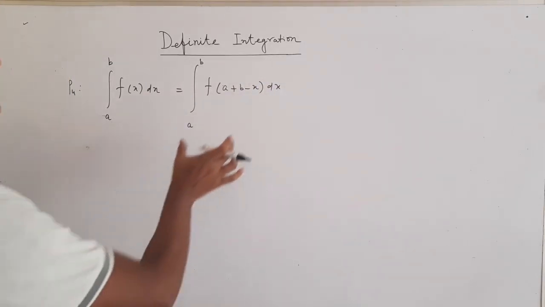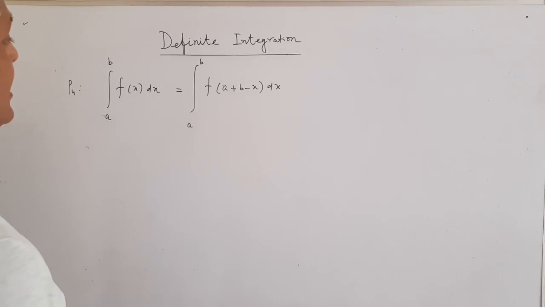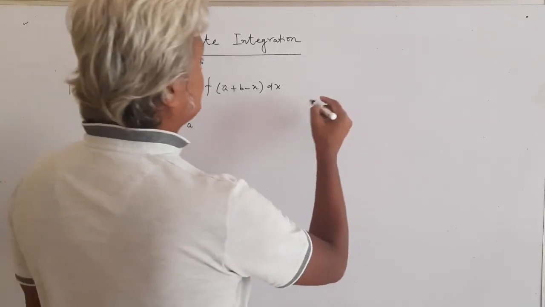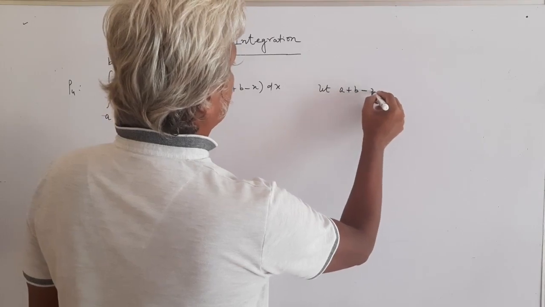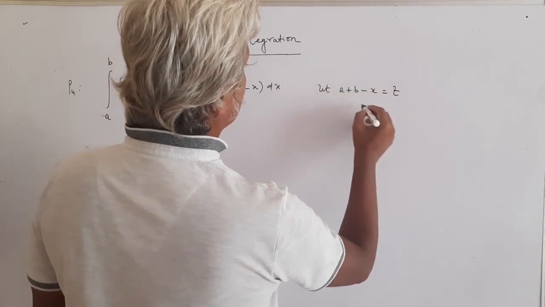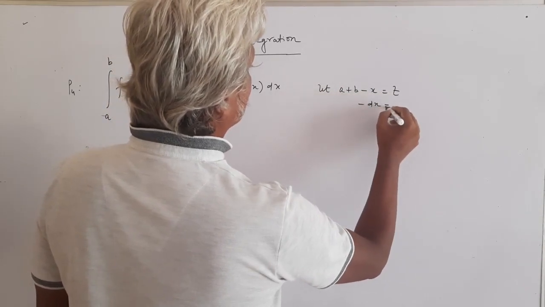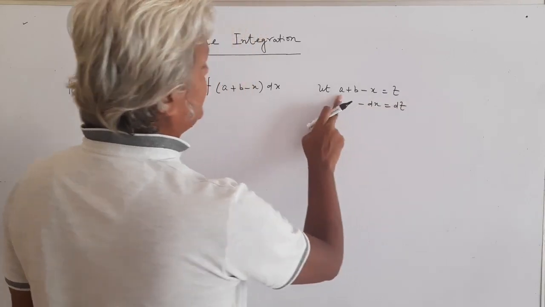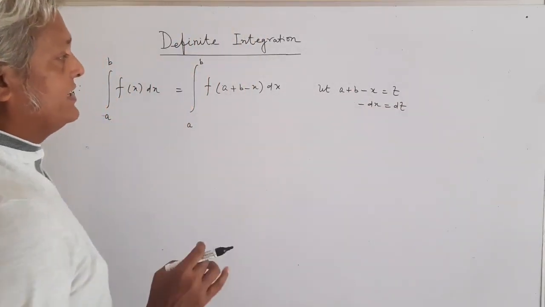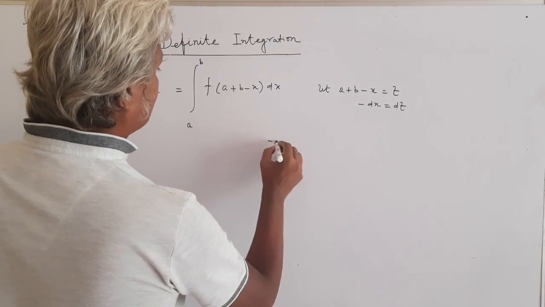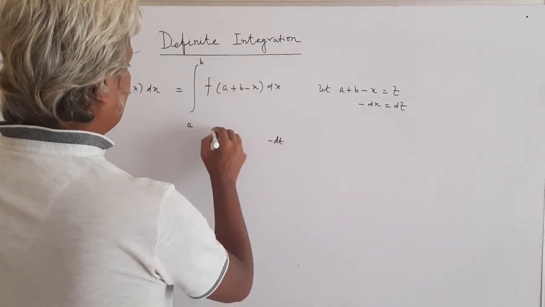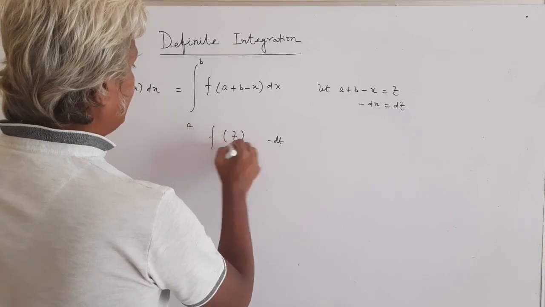I try to prove this is equal to this, starting from the RHS. Let a plus b minus x be t, so on differentiation minus dx is dt, because a and b are constants, so their differentiations will be 0. So this becomes minus dt, and this becomes f(t).